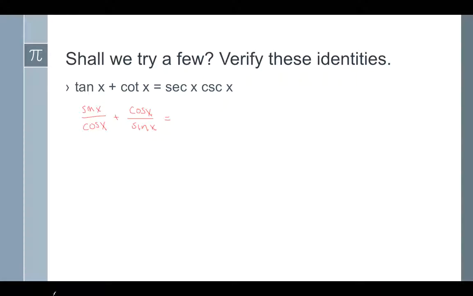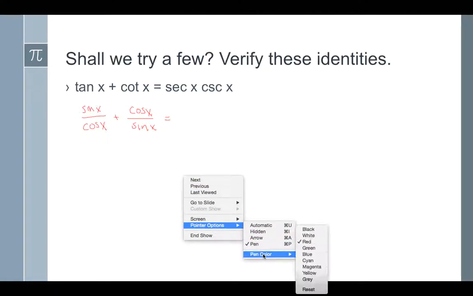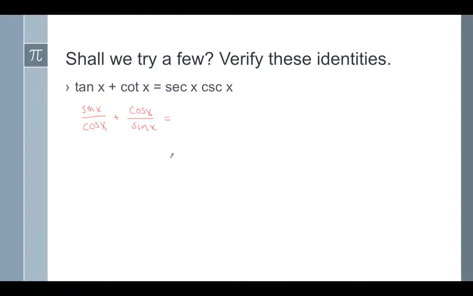Now, in order to add these two fractions together, I need to multiply to make common denominators. So I need to multiply by cosine, and this one I need to multiply by sine.